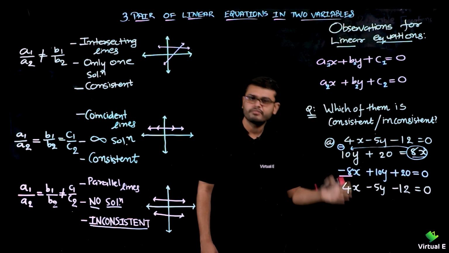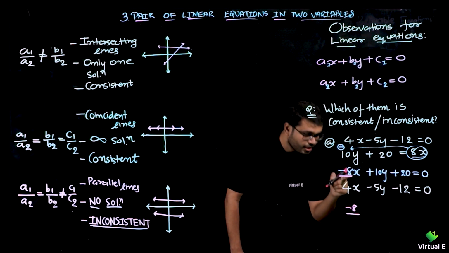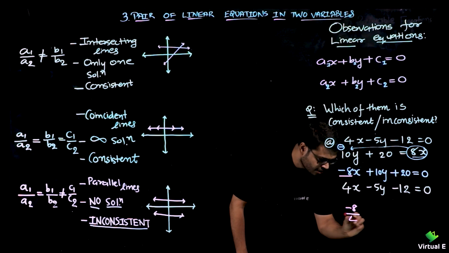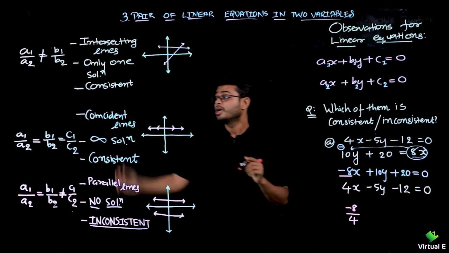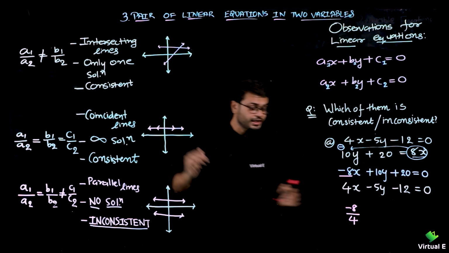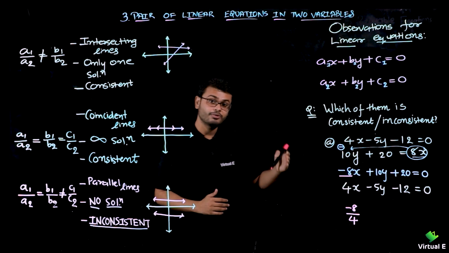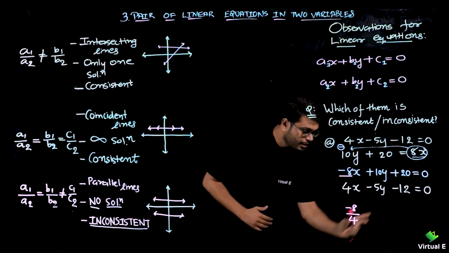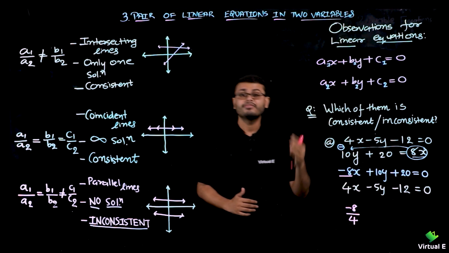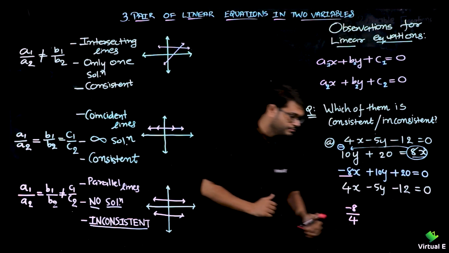You can take it along with the sign, minus 8, and here the number before x, which is 4. Remember, do not write the equal to or not equal to sign right now. We will decide afterwards whether they are equal or not. First of all, only write the 3 ratios, then we will decide whether they are equal or not equal.